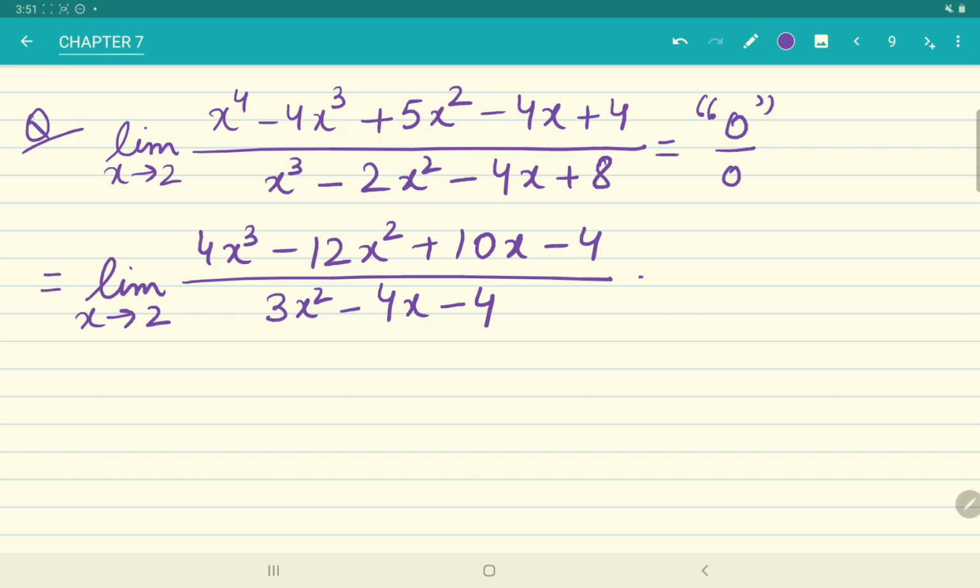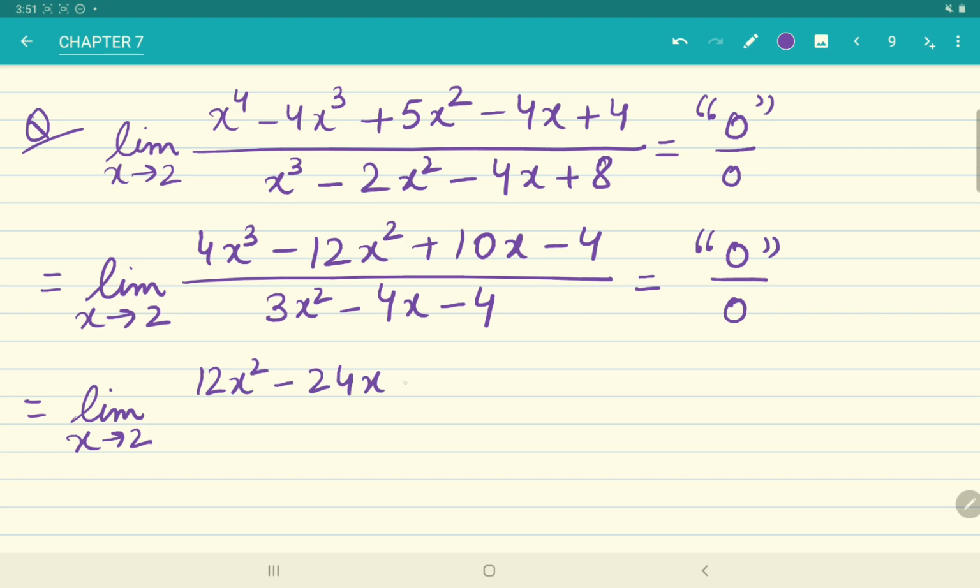So I can write this as limit x tending to 2. Basically, I'm applying L'Hopital's rule twice now. So that is 12x squared minus 24x plus 10 divided by 6x minus 4.